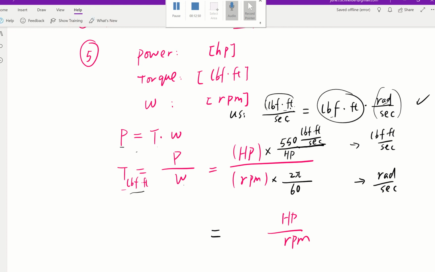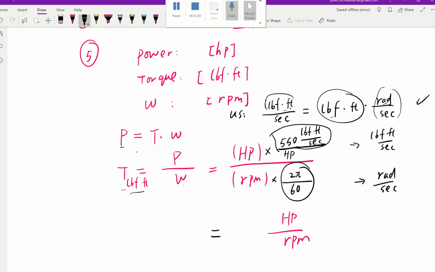Now I want you to do a little quick math here to figure out what all that is going to be equal to. What's 550 divided by 2 pi over 60? It's worth putting it into your calculator one time. So pause for a second to calculate 550 divided by 2 pi over 60. Okay, I hope you already got the number. So it's 5252. That's again a very easy number to remember.